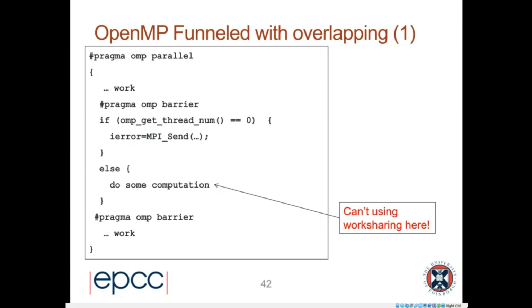The great thing about OpenMP is you don't have to say, if I'm thread 0, do iterations 1 to 5. If I'm thread 1, do iterations 6 to 10. If I'm thread 2, do iterations 11 to 15. OMP parallel for splits up the loop automatically for you. The problem is that the work sharing directives assume that all the threads are active, and here by definition one of the threads is doing this and the other ones are doing that, so you need to split up the work up here by hand. A bit annoying.